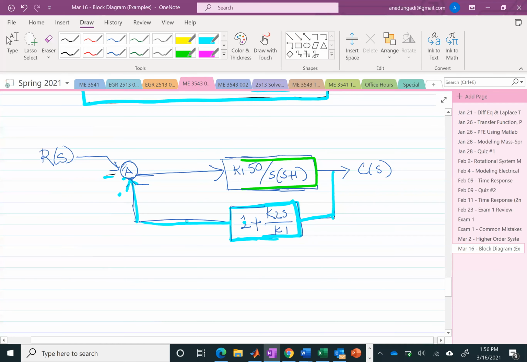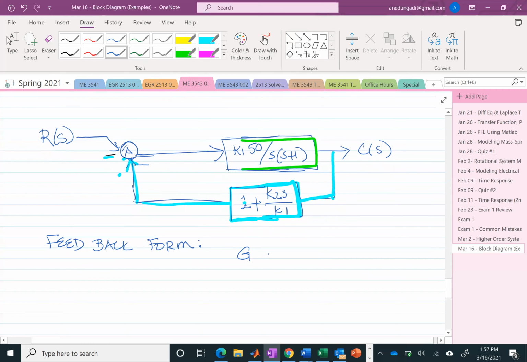So what form is this now? Exactly right. Feedback form. Feedback form where G, the forward transfer function, is 50K1 divided by S plus 1.